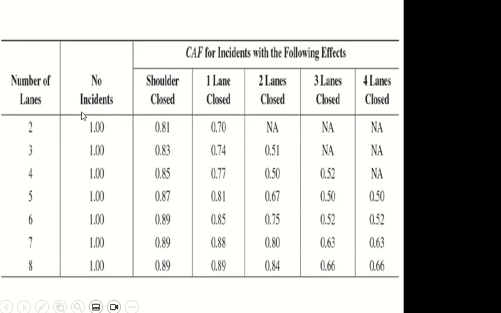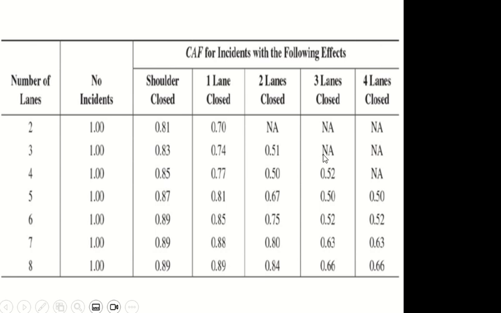It means what? I have two lanes and two are closed. Obviously 3 cannot be closed and 4 cannot be closed because I have only two lanes. So if two lanes are there and the incident closed both of them, that means no flow at all. The capacity becomes 0 because you have closed both the lanes.